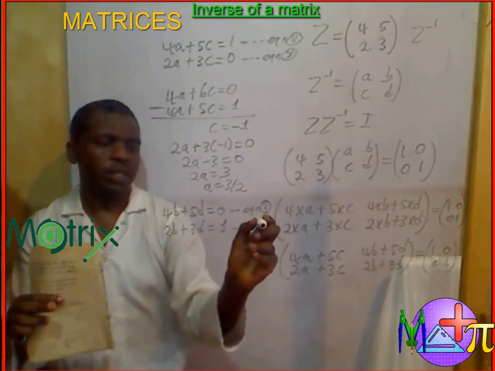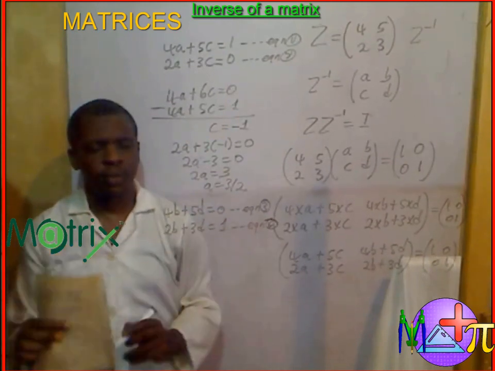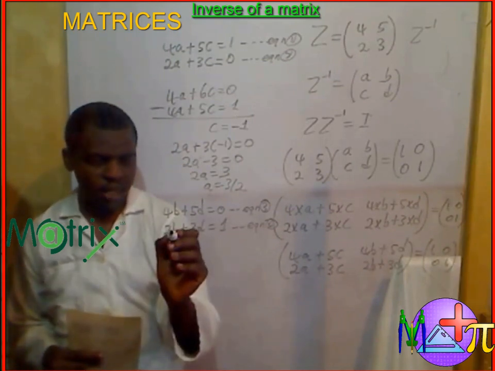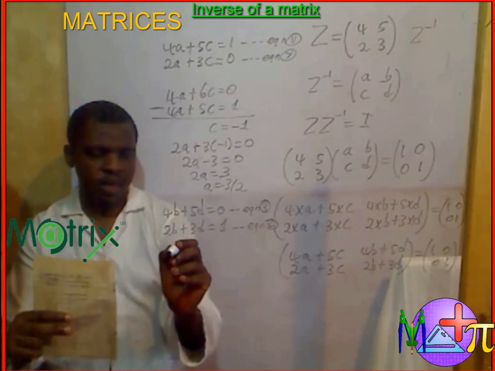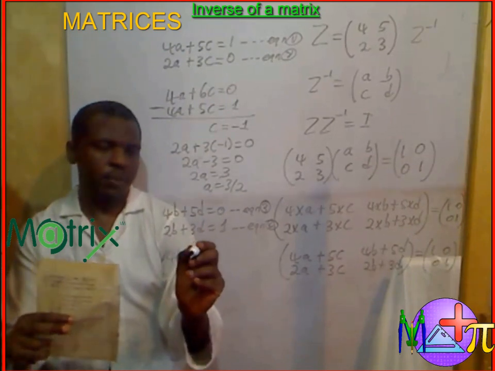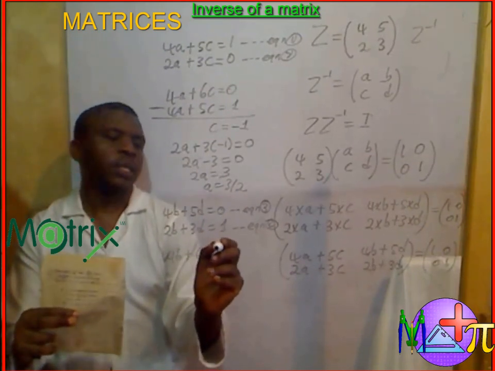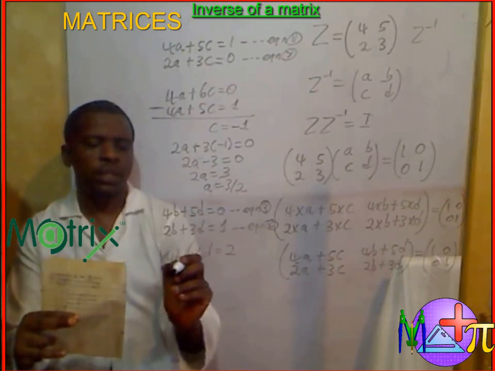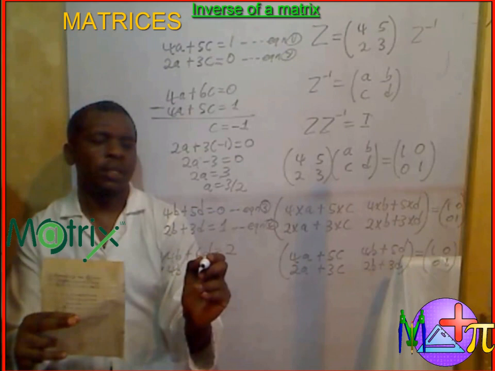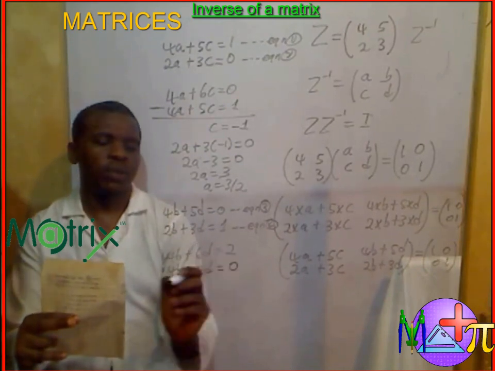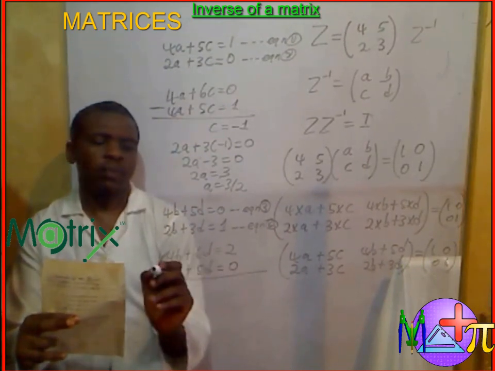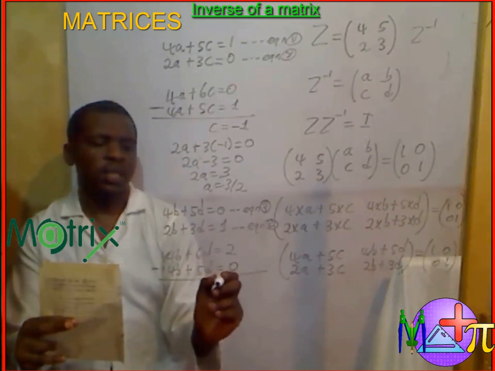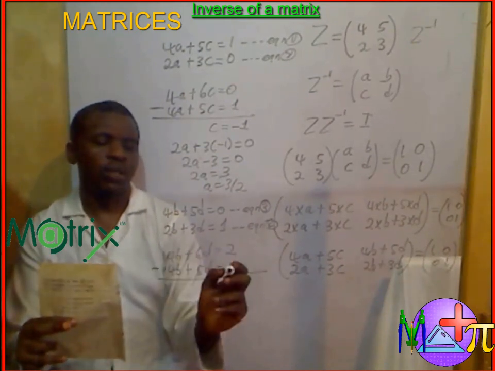Call that equation 4. Now I want to go by elimination method. Let me multiply this by 2, so that I'll have 4B plus 6D is equal to 2. Then bring down the other equation. 4B plus 5D is equal to 0. Let me subtract. 6D minus 5D gives me D is equal to 2 minus 0, which is 2.